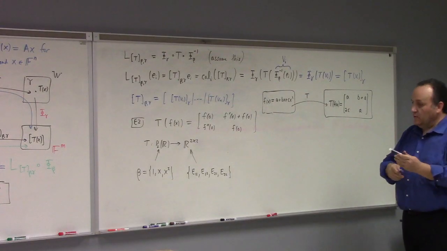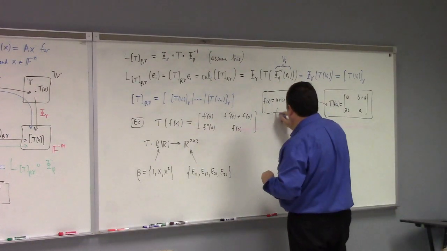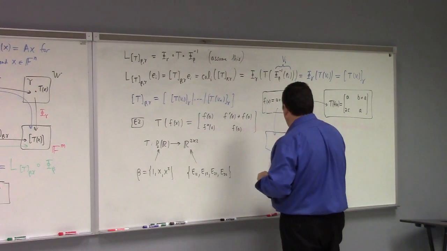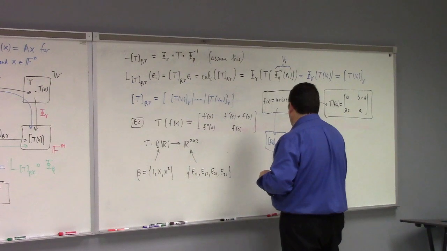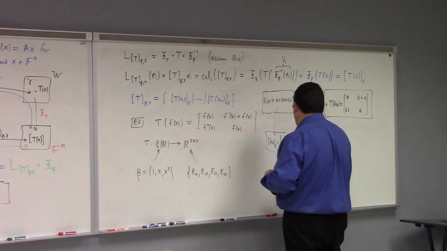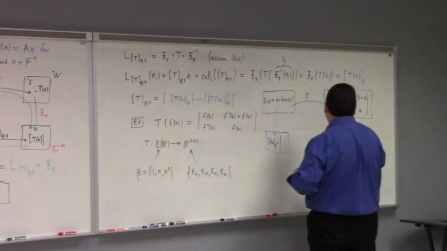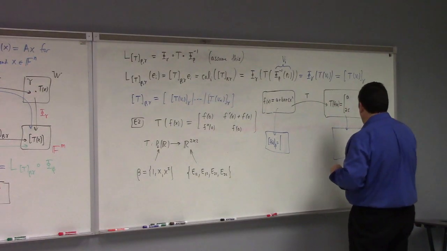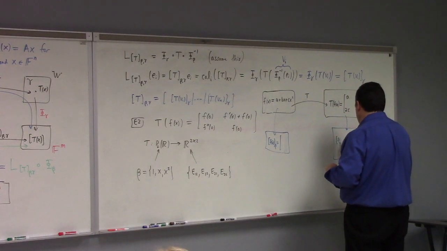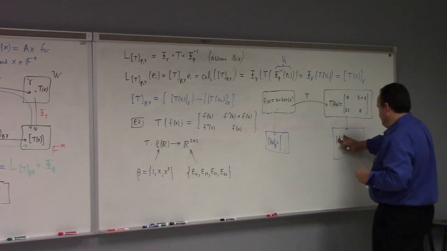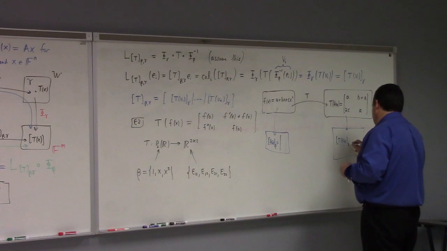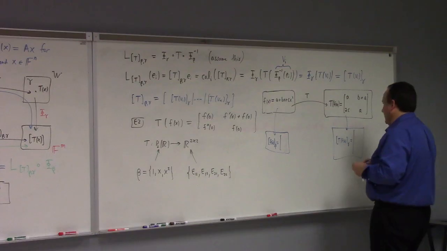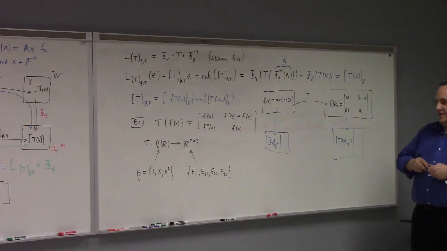Great. Now what I do is I look down here at what's my coordinate vector with respect to the beta basis, right? And I look down over here and I say, well, what's my coordinate vector with respect to the gamma basis for that output for T of f of x? Now we have to mind the bases, right?